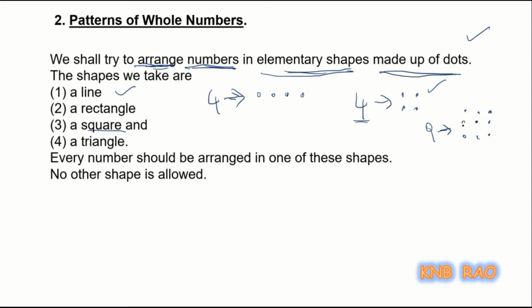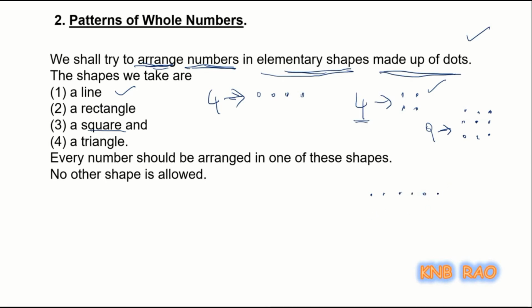So 4 and 9 can be arranged as squares. In between 4 and 9, 5 cannot be arranged as a square. 6 cannot be arranged as a square. 7 cannot be arranged as a square. 8 cannot be arranged as a square. Okay. But all these numbers can be arranged as a line. Even 5 can be arranged as line.